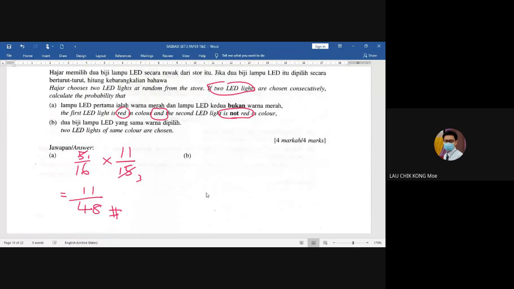And then B, the 2 LED lights of the same color. Same color, maybe both are red, or both are yellow, YY, or both we chose are blue. So we have 3 brackets here. For the red color, 5 over 16 times, for the second one minus 1, 4 over 15.